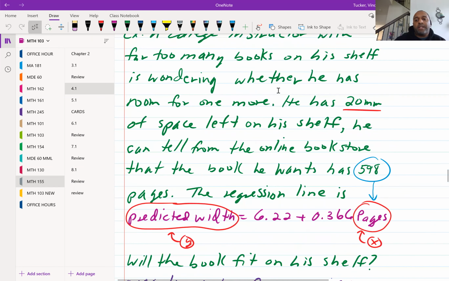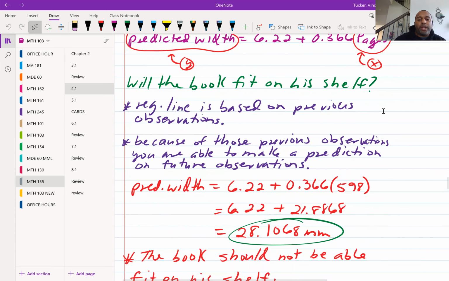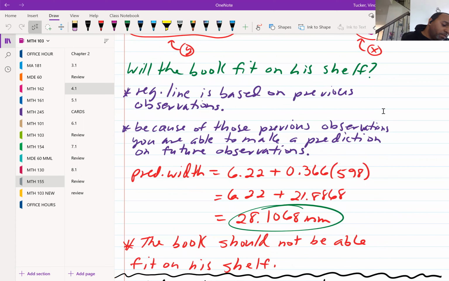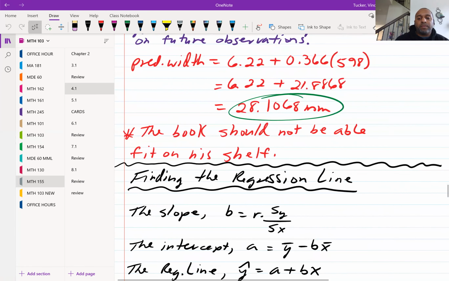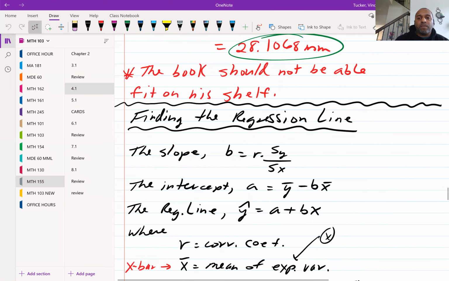If you go back to how much room he has, he only has 20 millimeters, and this is 28 millimeters. Any questions? Everybody good?